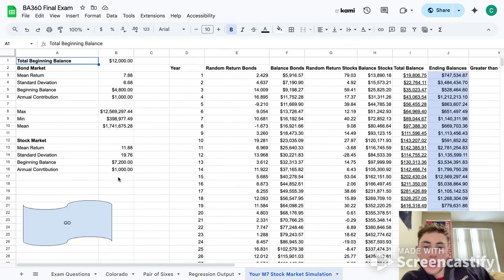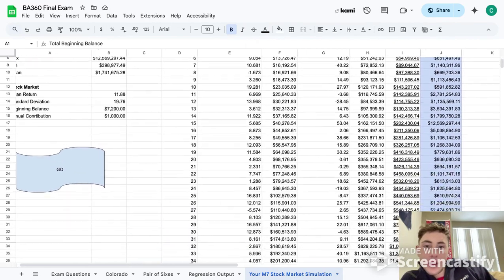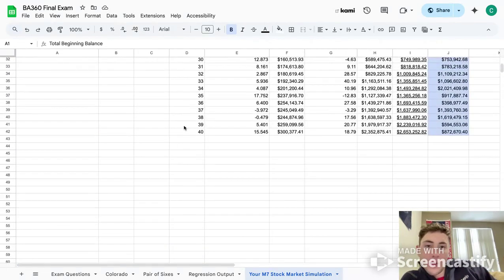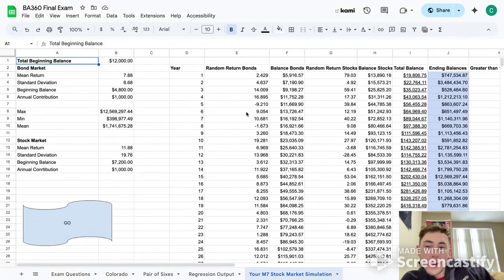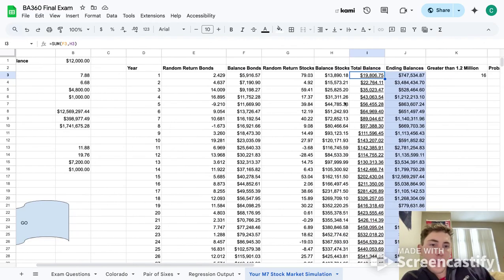I left it 60-40 like we had previously done, so 60% went to the stocks, 40% to the bonds. And then I ran a 40-year simulation just like before. I made a bonds balance and a stocks balance, and then I added up for the total balance. And then I ran the sim.